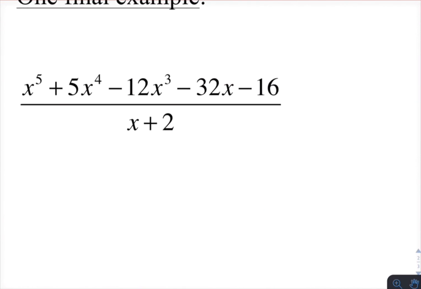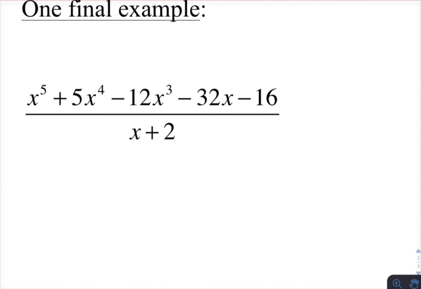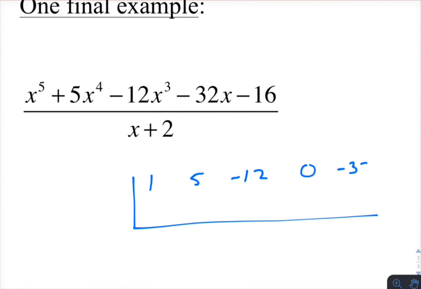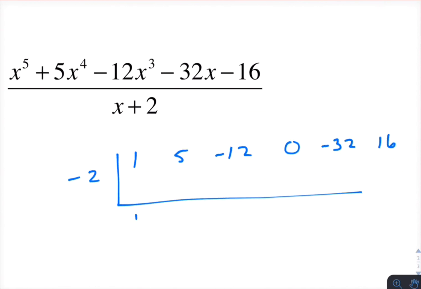So let's just do one last example. See if you kind of get this. Feel free to pause the video if you'd like and try it on your own, but we're just going to keep moving through here. So inside the box go the coefficients. So 1, 5, negative 12, 0 for the x squared, minus 32, 16. And then throw a negative 2 out front. Bring down the first one. Now multiply.